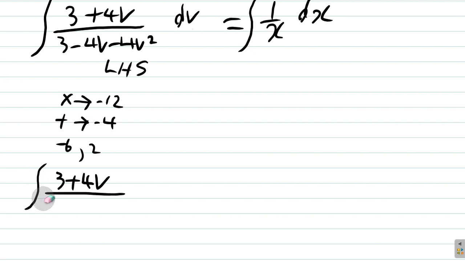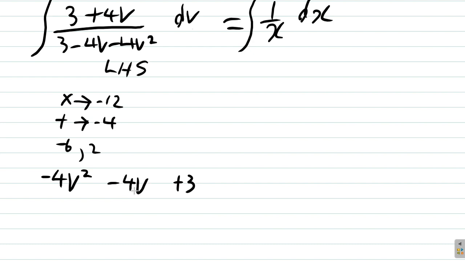Let us factorize it first. So we have negative 4v squared at one end plus 3 at the other end. In the middle is negative 4v, but I want to separate this into negative 6v plus 2v. So negative 6v plus 2v is negative 4v.